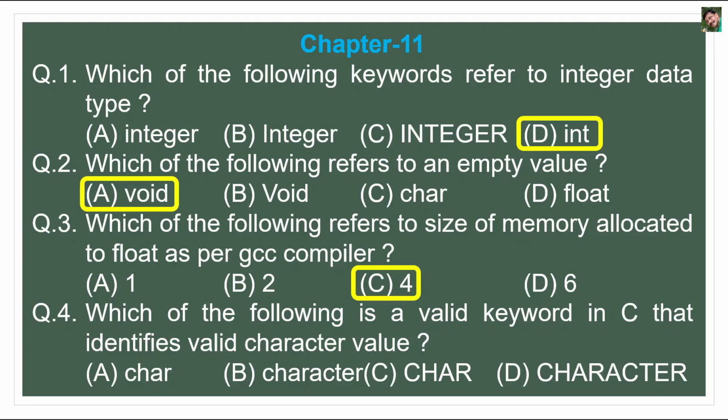When you want to define any data type as character, which keyword will you use? Will you use char in small letters, the entire word character in small letters, char in capitals, or the entire word character in capitals? You must be knowing that when you want to define any variable data type as character, we write small letter char. So option A is the correct answer.